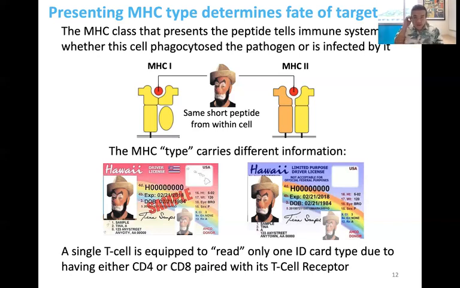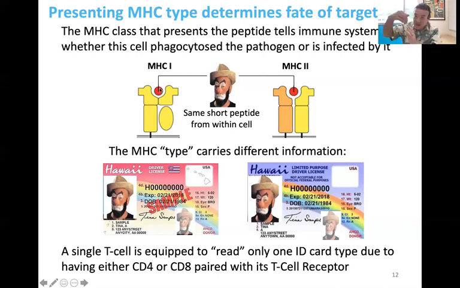And the reason I say that's important is because students often ask me, well, if you have an infected cell that's presenting this red dot on MHC1, and you have a helper T cell that has the right T cell receptor to recognize this red dot, does that mean that the helper T cell won't actually recognize this?